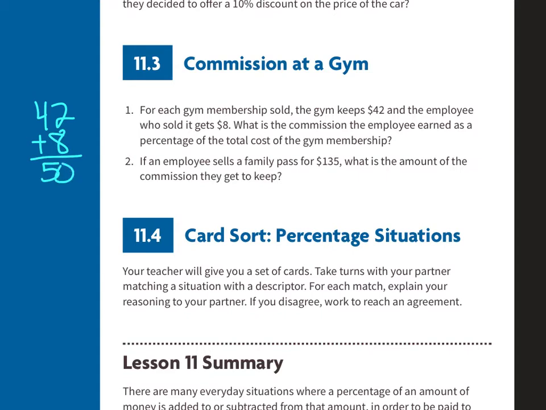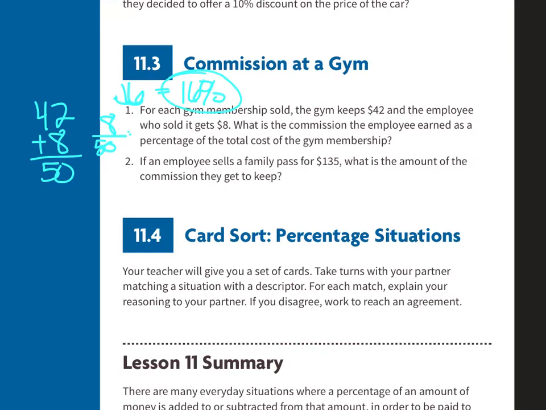So the gym membership is $50. So to find the percentage, I'm just going to go $8 divided by 50. In my calculator, if I go 8 divided by 50, I get 0.16. If I move the decimal over twice, that's 16%.